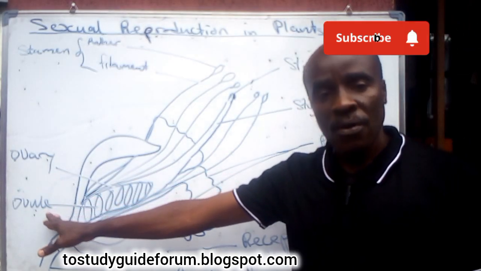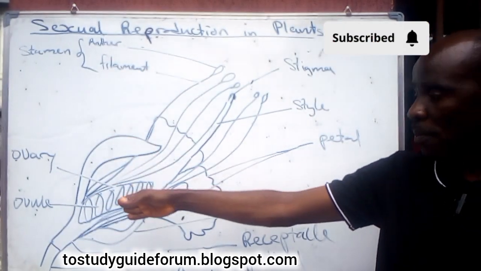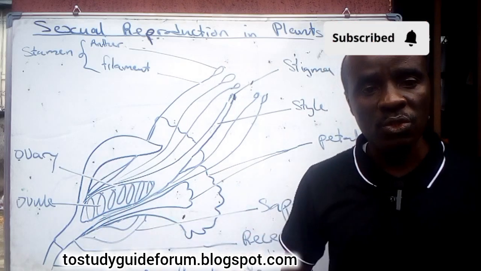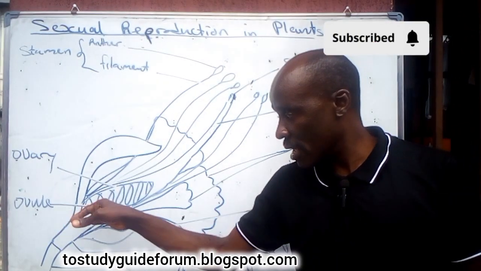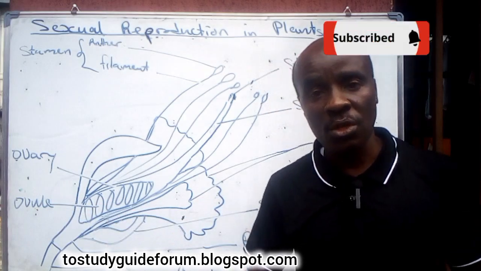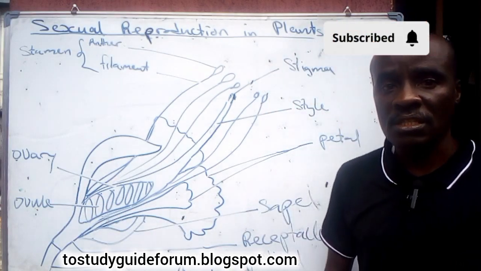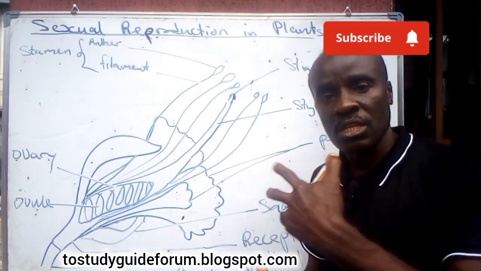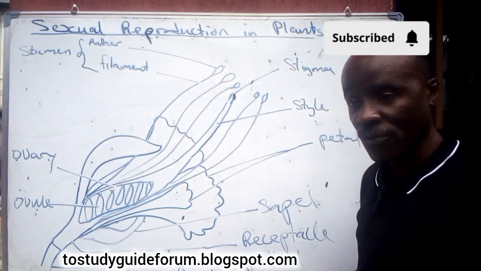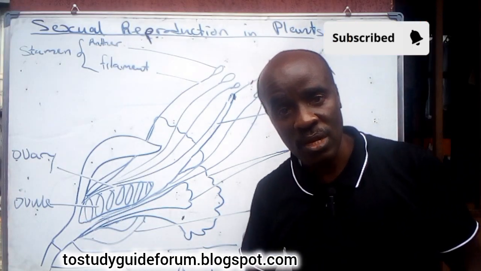There will be development. The ovary will develop into what? Into the fruit, while the ovules will develop into the what? Seeds. So once this happens, the new generation will be ready to be formed from the seed. So this is where we're going to end our class for today.